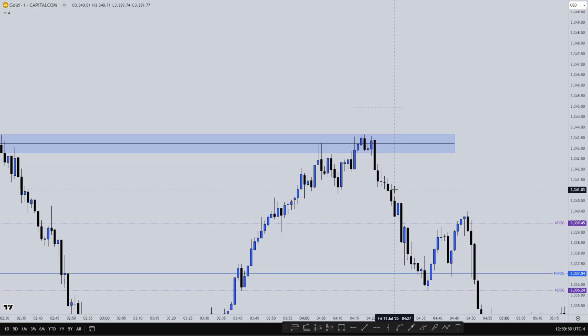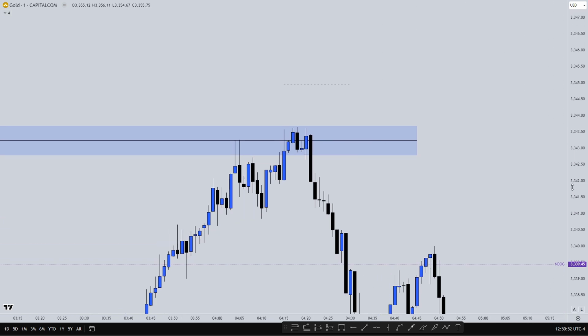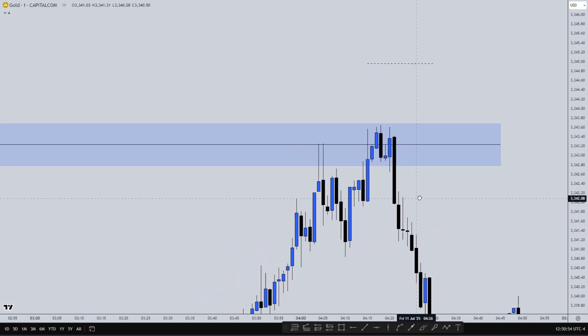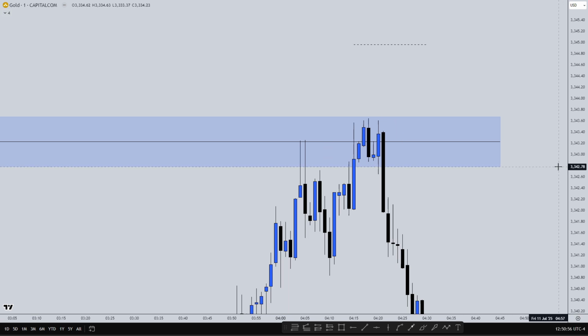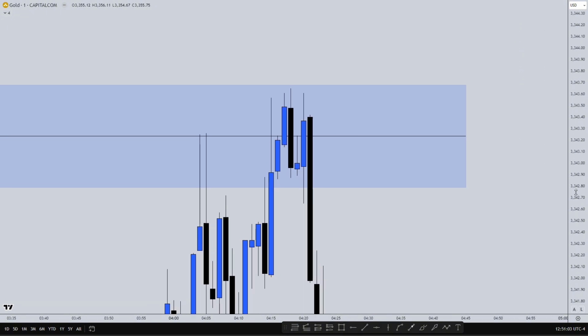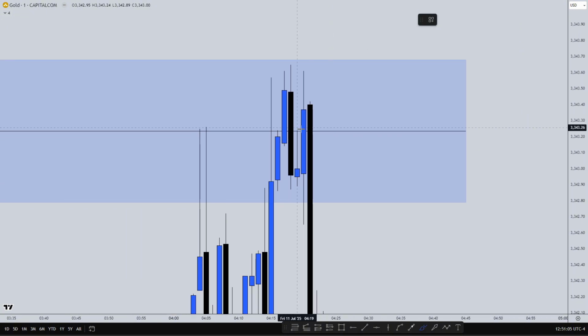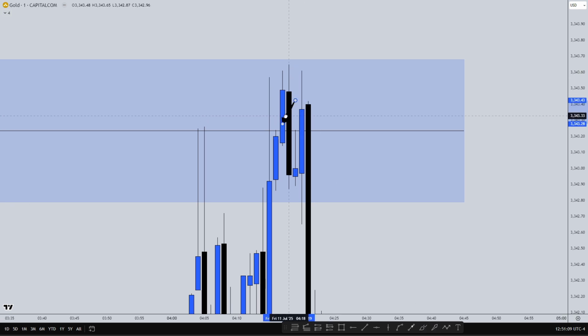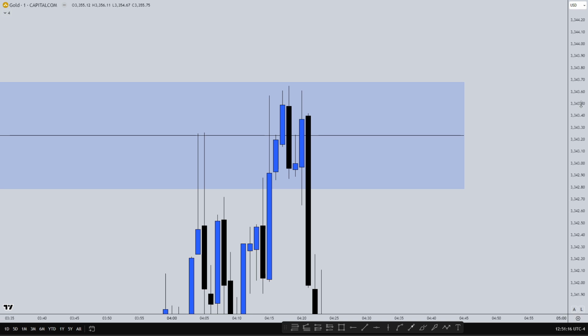I want you to see how the prices did respect the middle line of the 15-minute resistance area. You see how the prices here respected it, and here, and here.